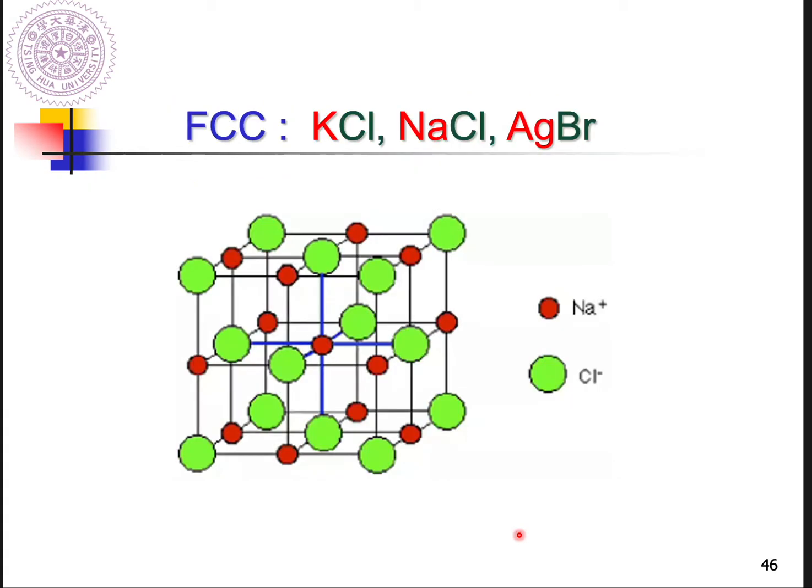Okay, so let's give you some examples. We grab some FCC structures, including the ionic materials belonging to FCC structures: potassium chloride, sodium chloride, and silver bromide. And you can observe this is a double FCC structure here.